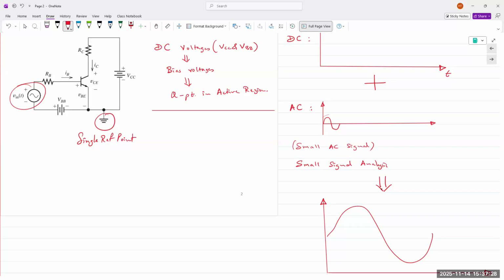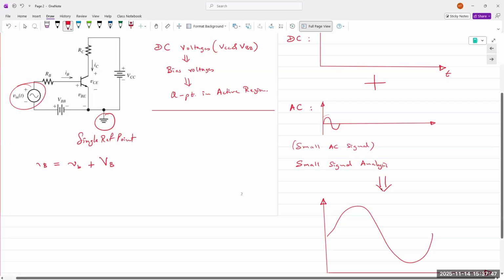The voltages and currents at any point in the circuit, like vB, are a result of both AC as well as DC. This is a lowercase v with an uppercase subscript, which means it has both AC and DC.